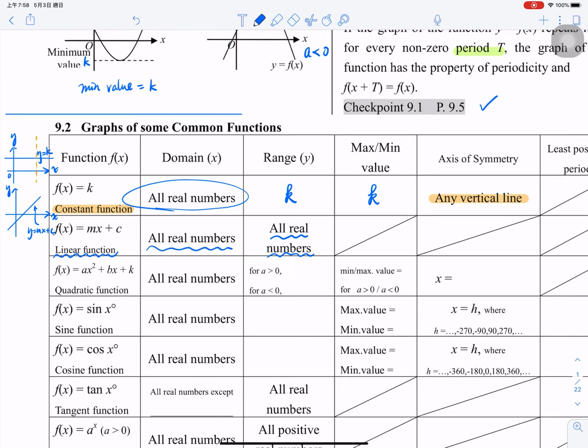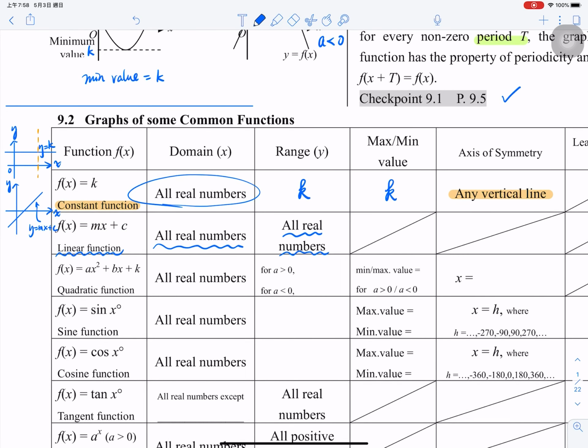Suppose m is not equal to 0, so I write that down here. If m equals 0, then it becomes a constant function, and the range is only k. How about the maximum and minimum value?